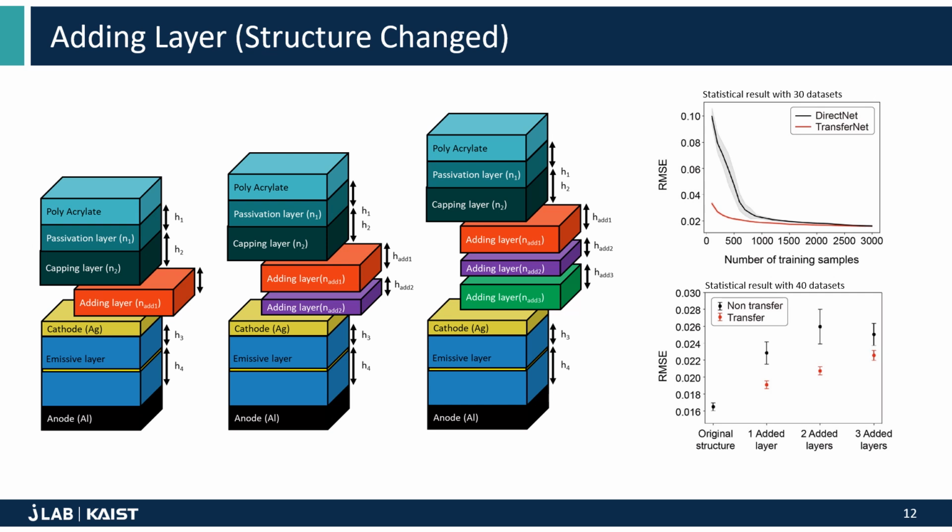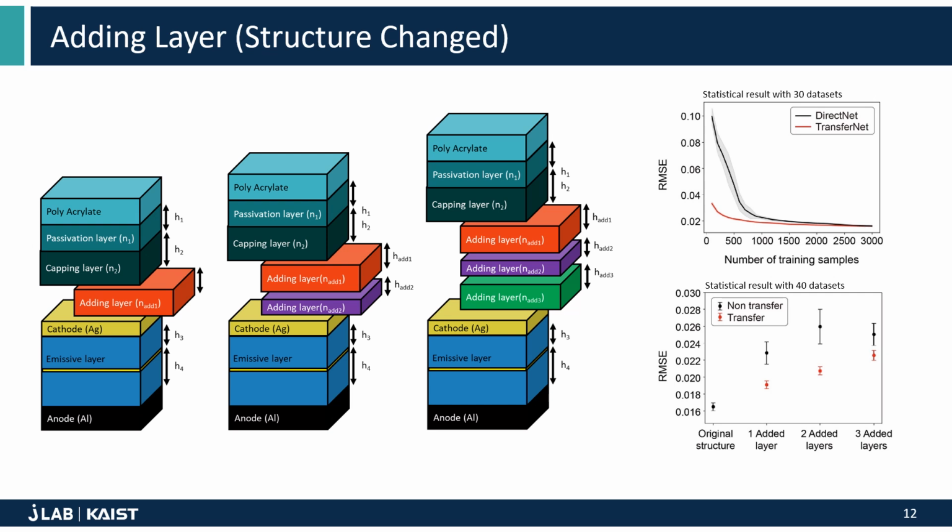So when we further apply this transfer learning approach to OLED structures with 2 and 3 additional layers, even in these more complex cases, it demonstrates superior performance and significantly better tolerance to limited data.